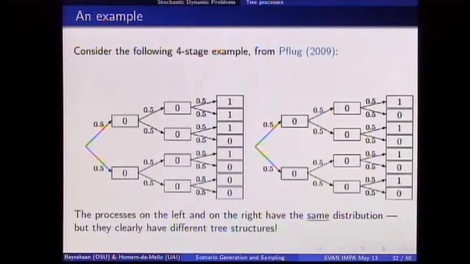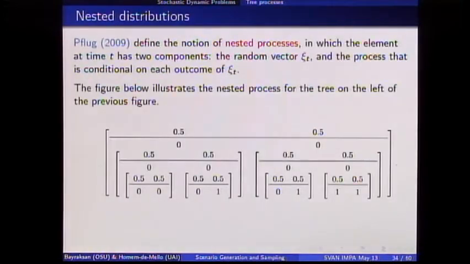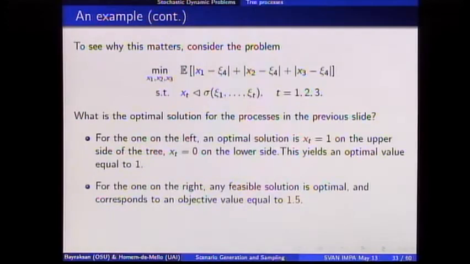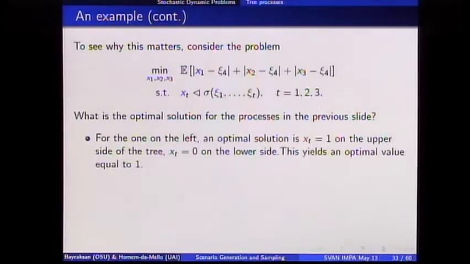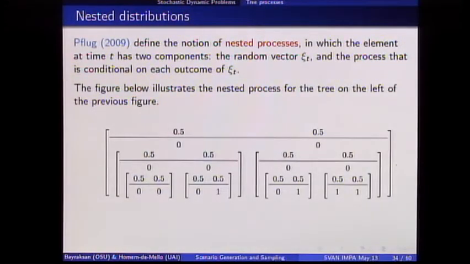The bottom 0 is followed by a distribution which could be 0, 0 with probability half, and then one that is 0, 0, 0, 1. Whereas the upper branch has a value 0, but it's followed by another nested distribution, that's why it has brackets here, where you have 0 and 0 with 0.5, which was this part here. But then we have 1, 1, 1, 0. And that's what we have, this 1, 1 and the 1, 0.